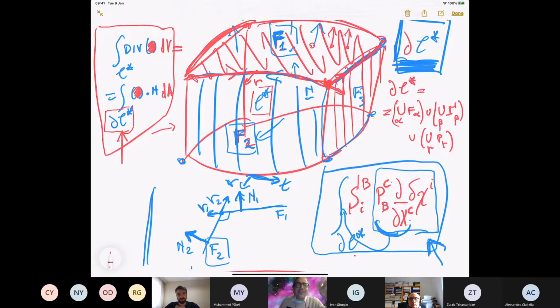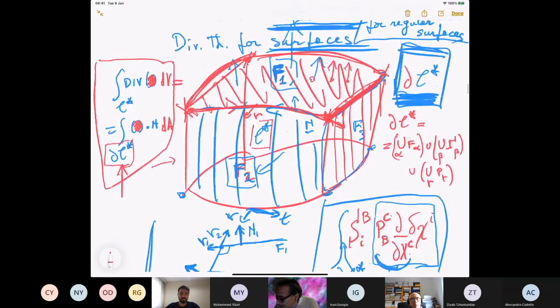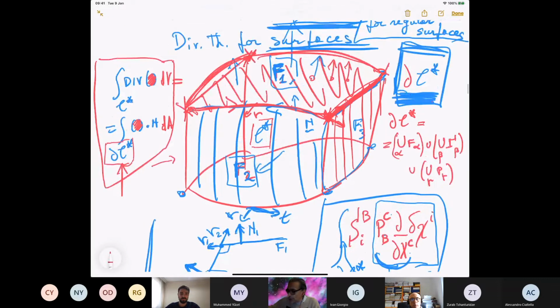These normals are varying continuously on the surface. So when you reach the boundary of the surface, which are these curves or these points here, you have a limit of the normal.